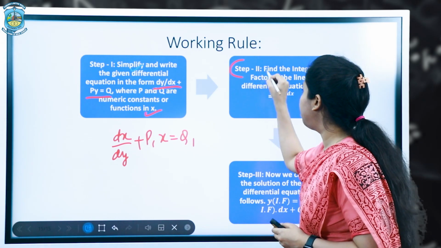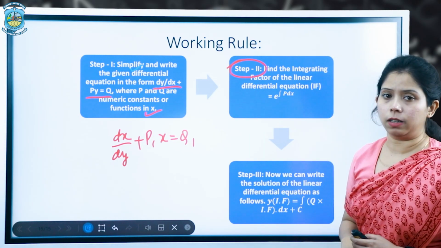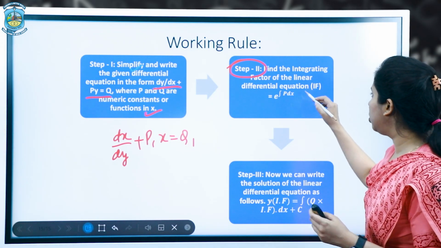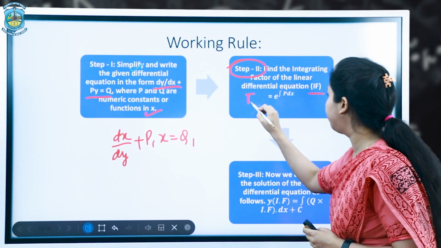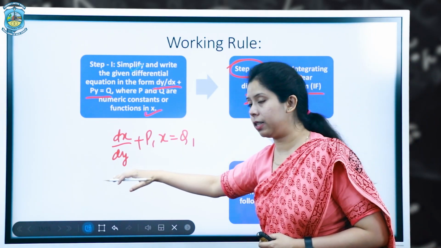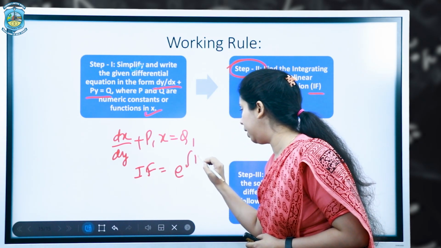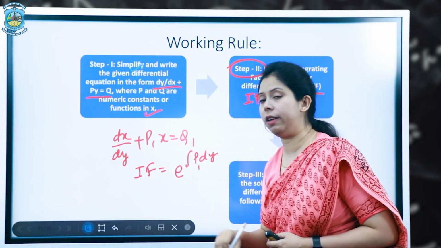Now the second step says that you have to find the integrating factor of the differential equation, which is given by IF is equal to e raised to integral p dx. In the case of this form of differential equation, the integrating factor will be e raised to integral p1 dy.